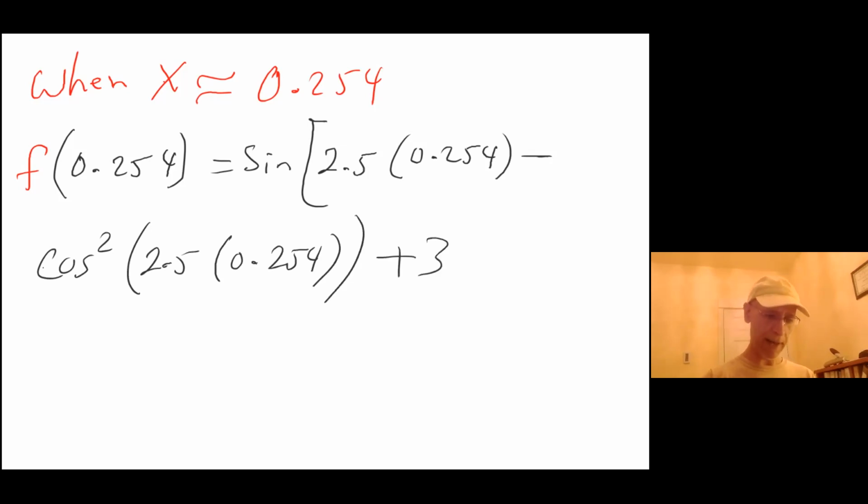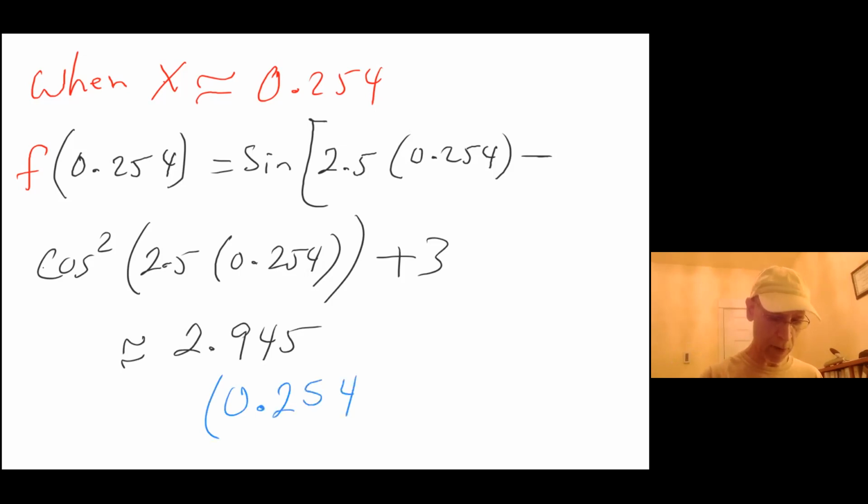So I have sine of 2.5 times 0.254, minus cosine squared of 2.5 times 0.254, plus 3, and I'm getting 2.945. Now, okay, so the final answer, because we are asked for the coordinate point, is going to be 0.254, comma, 2.945. Okay, thanks.